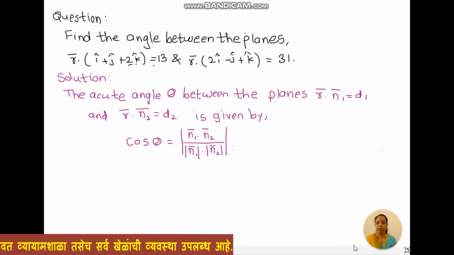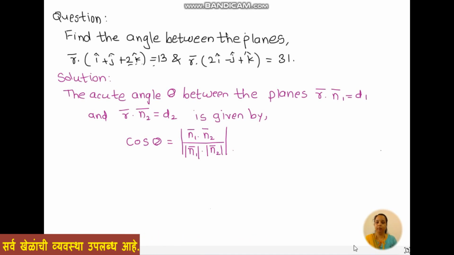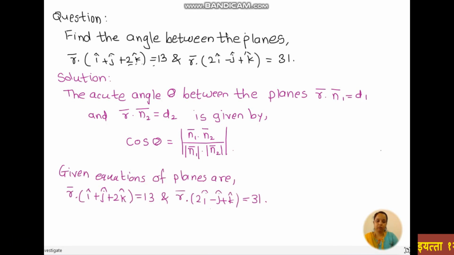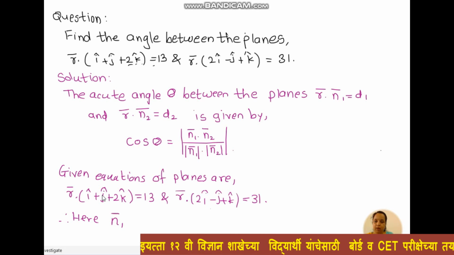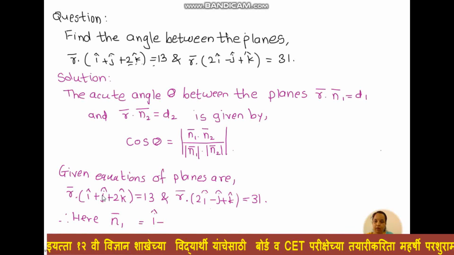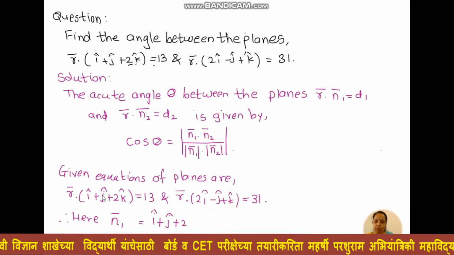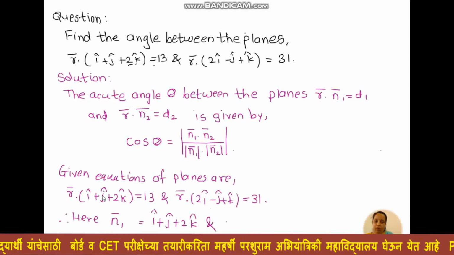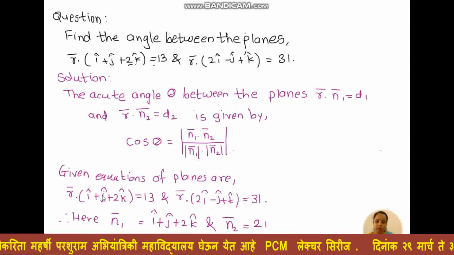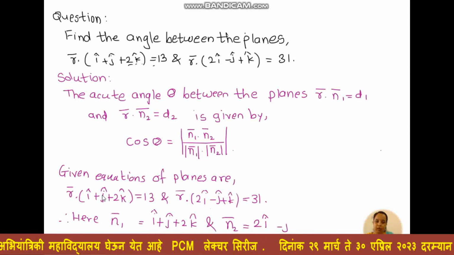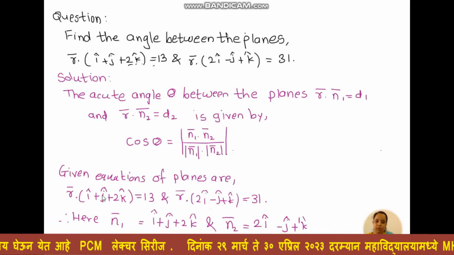Now by comparing with the given equations of the planes, here n1 bar is equal to i plus j plus 2k and n2 bar is equal to 2i minus j plus k.